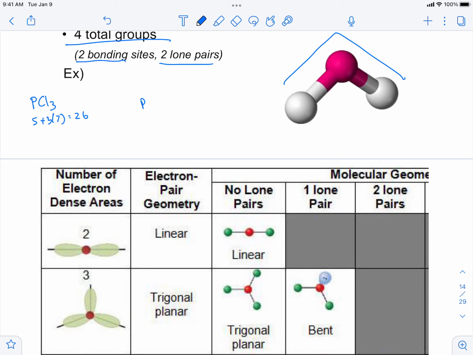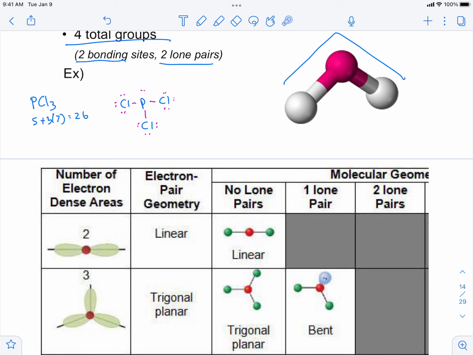We draw out our shape, 3 chlorines, add our valence electrons. Now at this point I have 8, 16, and 24 valence electrons. The last pair will go here.